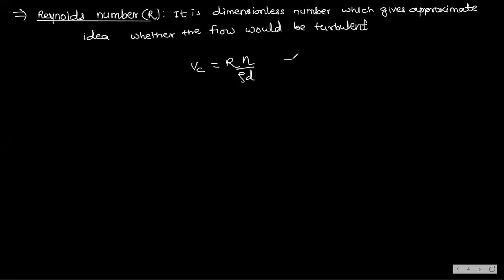Now if you want R, that implies R is equal to rho d Vc divided by eta.